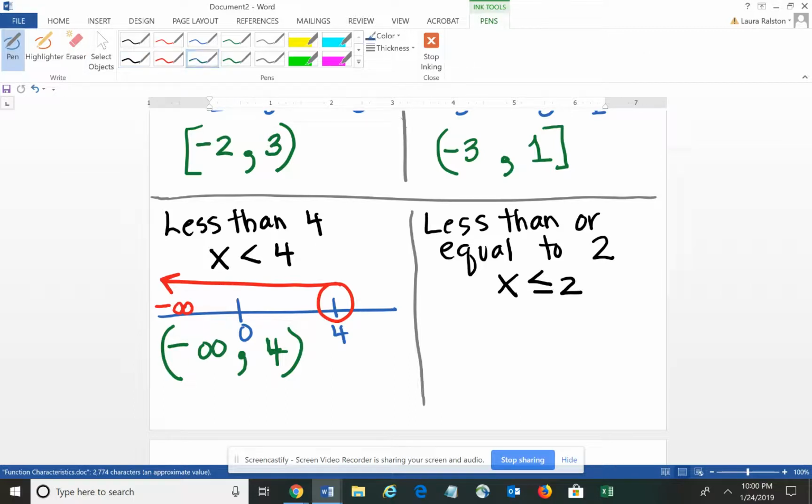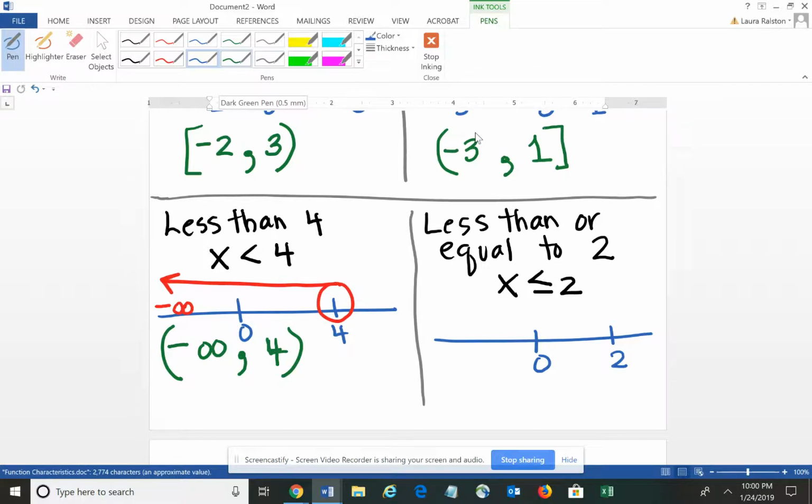Again, if you think about the number line, and I'm making them up as I go, remember. Again, I can choose anything that is less than or equal to 2. So in this case, I could actually use 2. I could use 1, 0. I could do -10, -50, -100, -1,000.